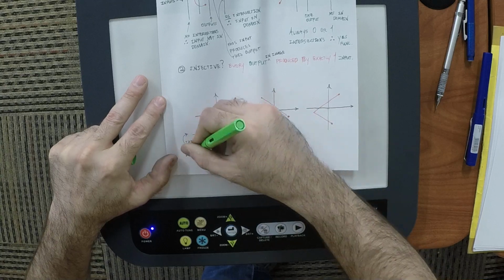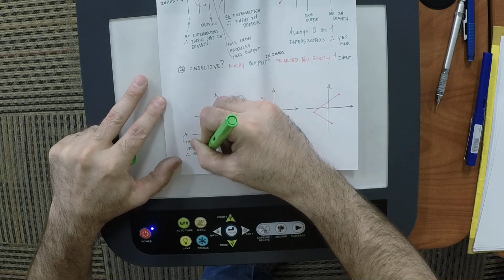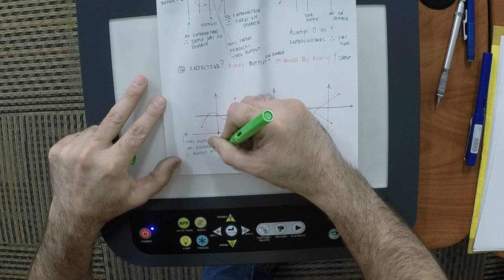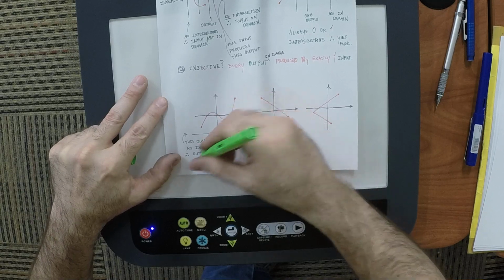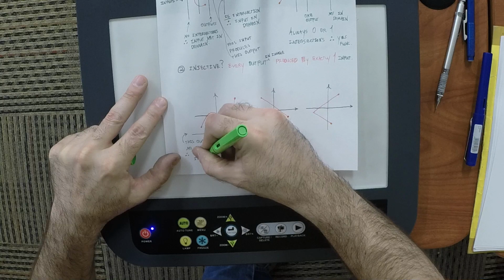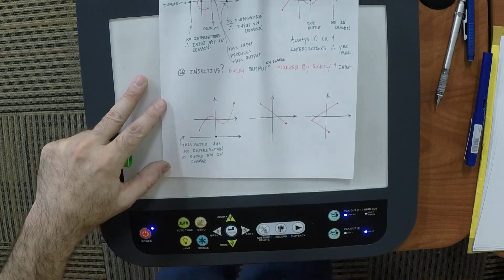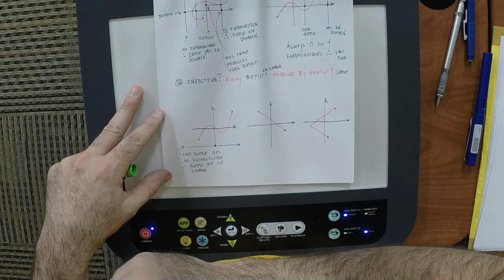And therefore, this output is not in the image. It's not in the image. All right.